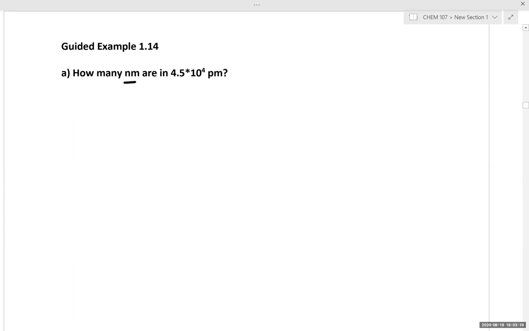So we're asked how many nanometers are in 4.5 times 10 to the fourth picometers, okay? So first things first, my starting units are picometers, and my ending units are nanometers. Remember, your starting units are overwhelmingly going to be associated with your number that you're given.